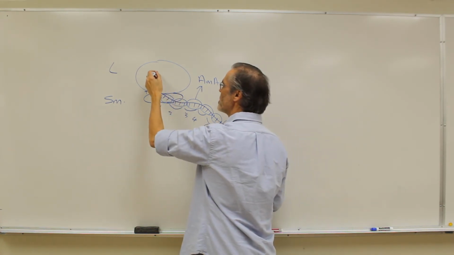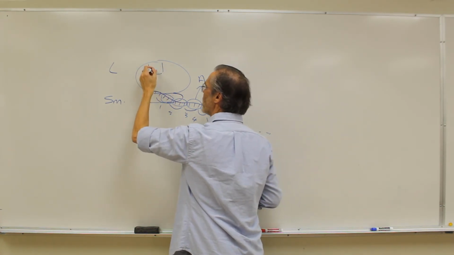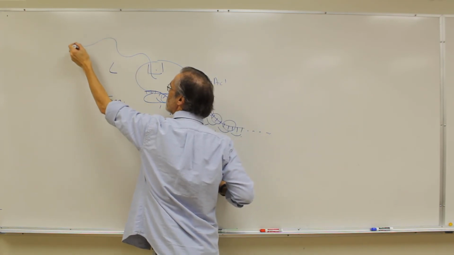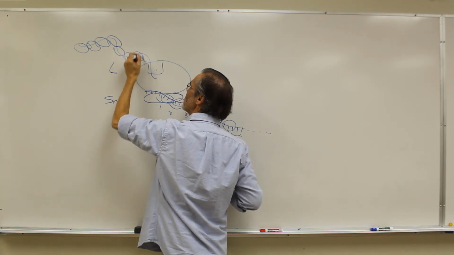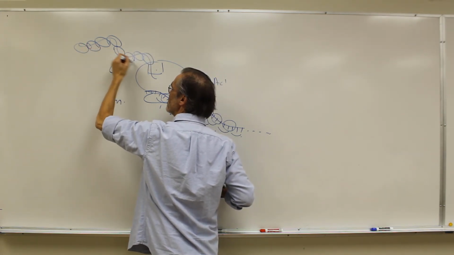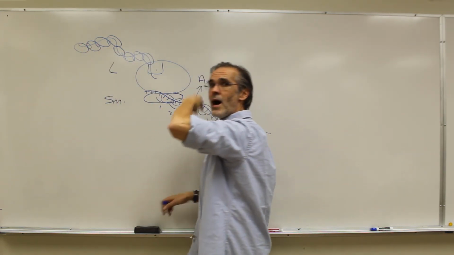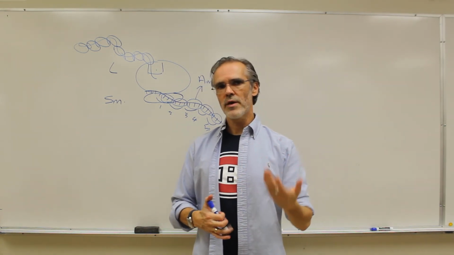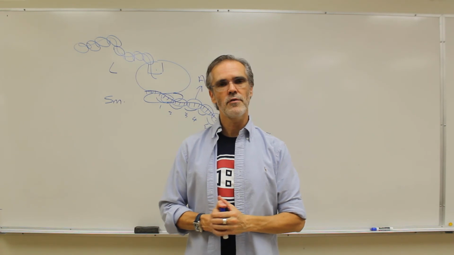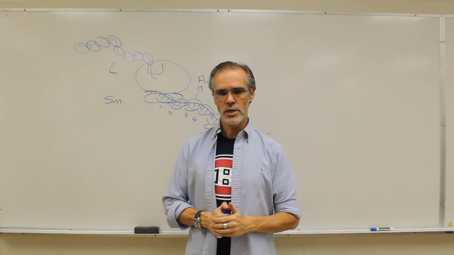And then there is a pocket somewhere where the amino acids are going to be added one after the other, and the protein is going to come out of that ribosome. And of course, again, this is very well illustrated in the videos that I will post on D2L, okay?